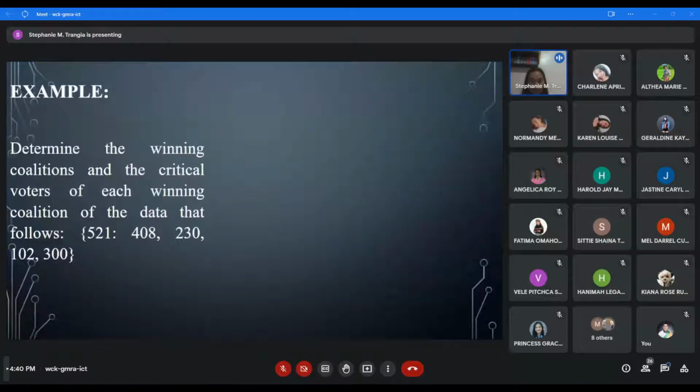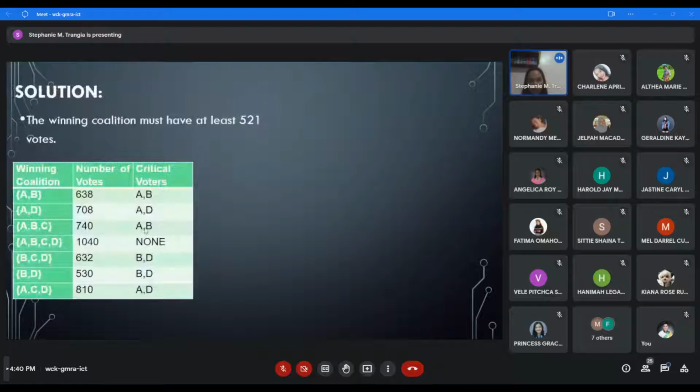If C leaves, it's okay, because the coalition of A and B is still greater than the quota. So C is not a critical voter. For A, B, C, and D, none of them is a critical voter. If one of them leaves the coalition, the remaining votes still achieve the desired quota.